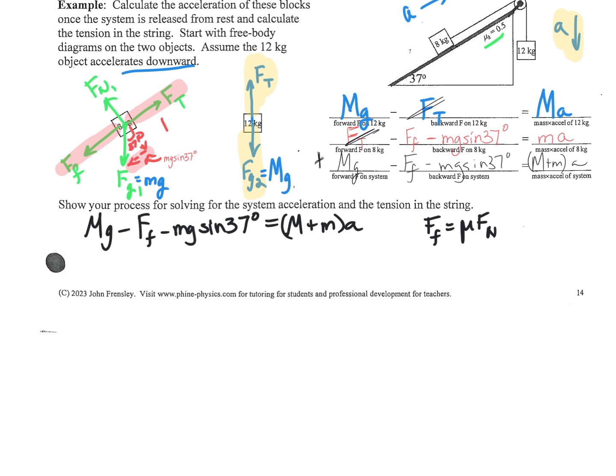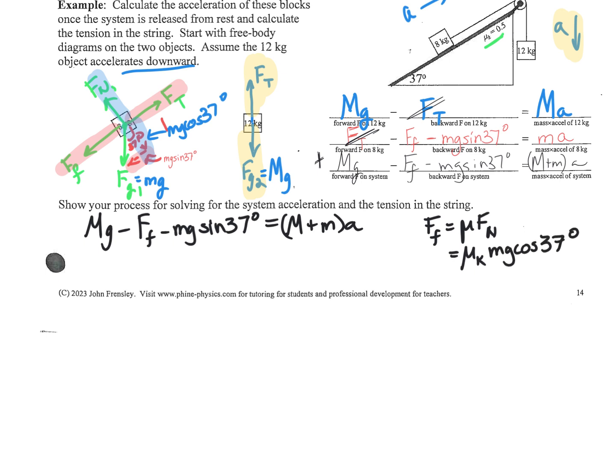So we need to know what the normal force is. Well, the normal force comes from the perpendicular guy right here. Well, what is that guy right there? This is going to be mg cosine 37 degrees. So we know that the friction force is going to end up being mu sub k mg cosine 37 degrees.